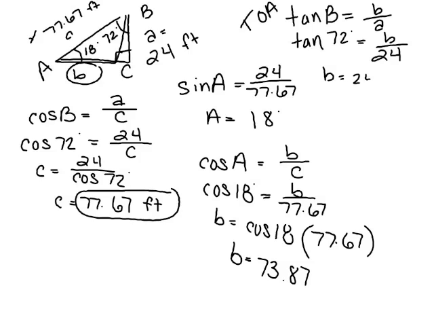So B equals 24 times the tangent of 72 degrees. 72 tan times 24 equals 73.87. And what's our unit? Feet. Okay. 73.87 feet.